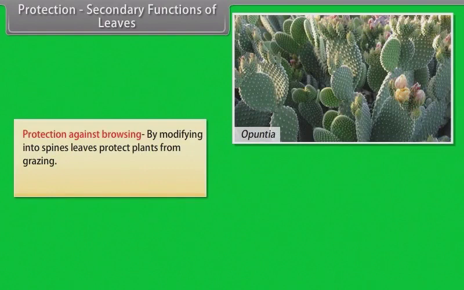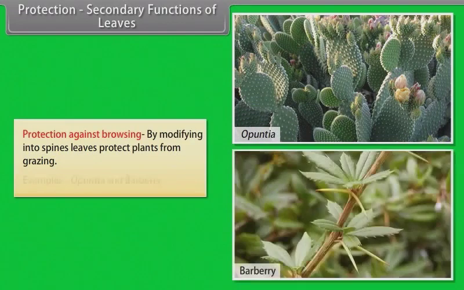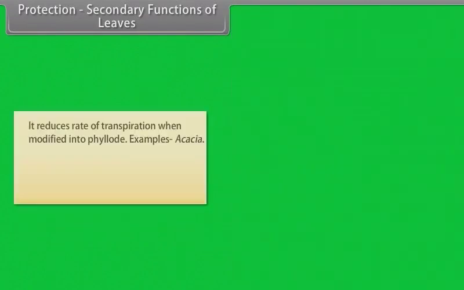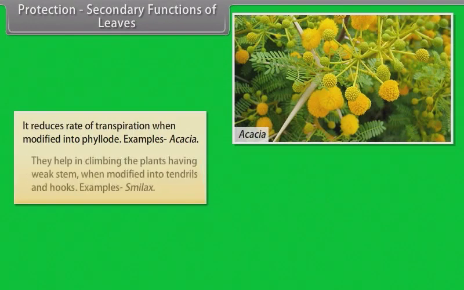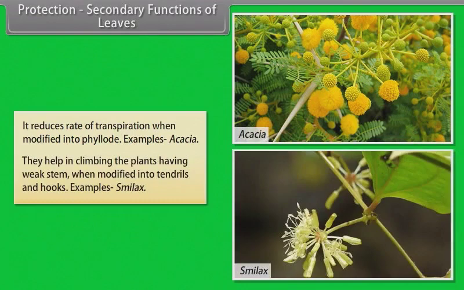By modifying into spines, leaves protect plants from grazing. Examples: Opuntia and Barberry. It reduces rate of transpiration when modified into phyllodes. Examples: Acacia. They help in climbing the plants having weak stem when modified into tendrils and hooks. Examples: Smilax.